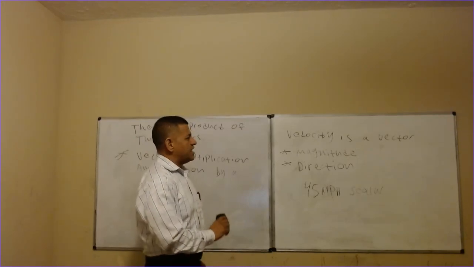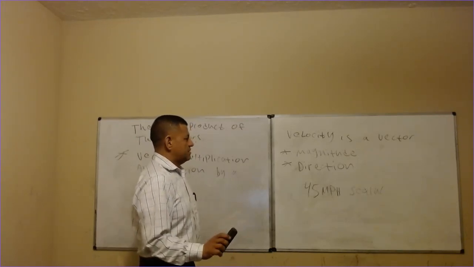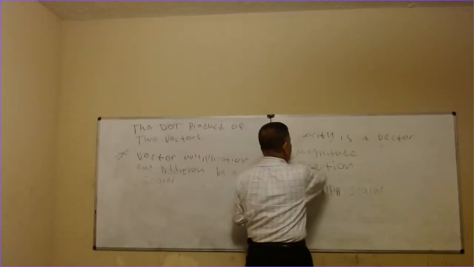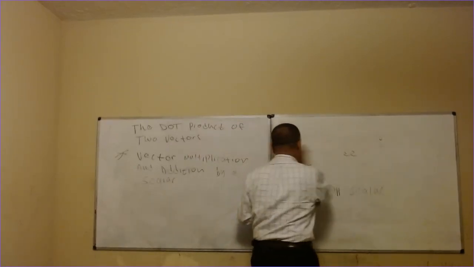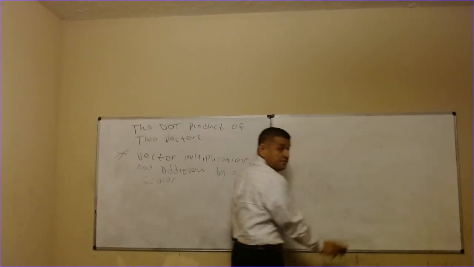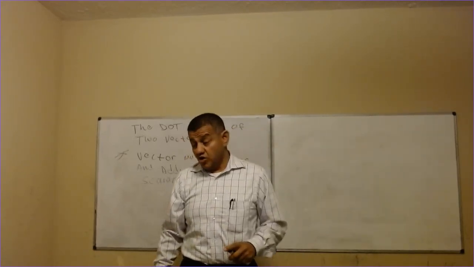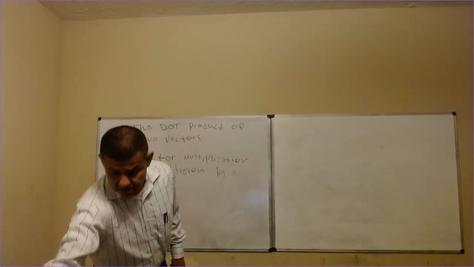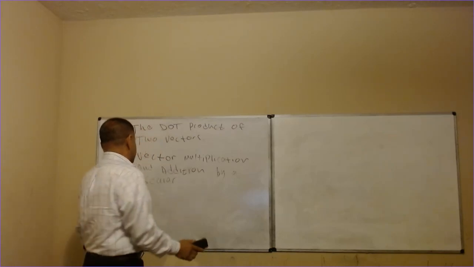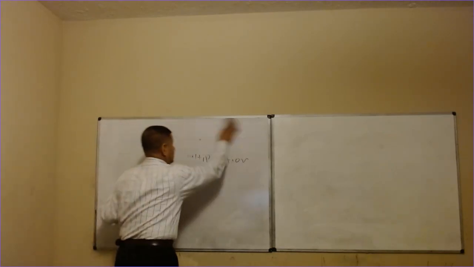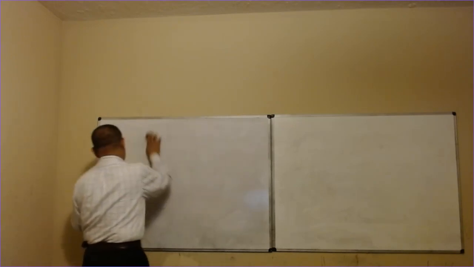It will not have any other direction. It just will be a number. So this is going to be very important to learn. This concept is very important because a lot of questions will be popping up in physics like this, right?